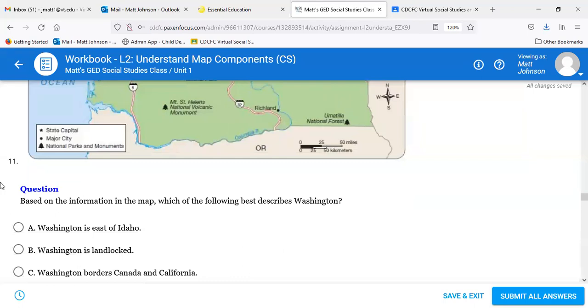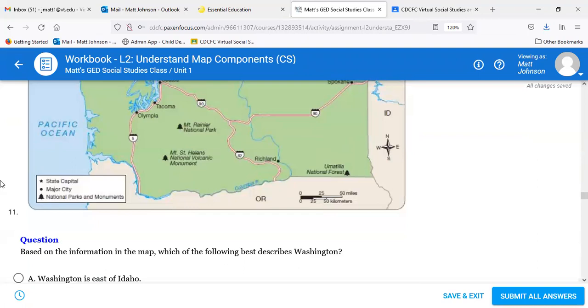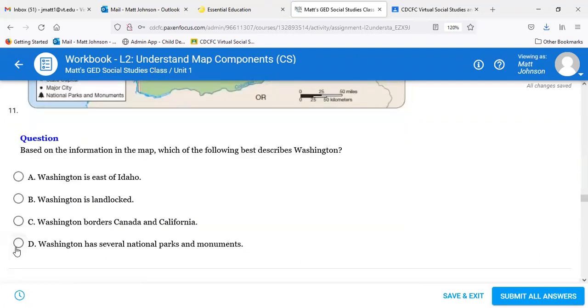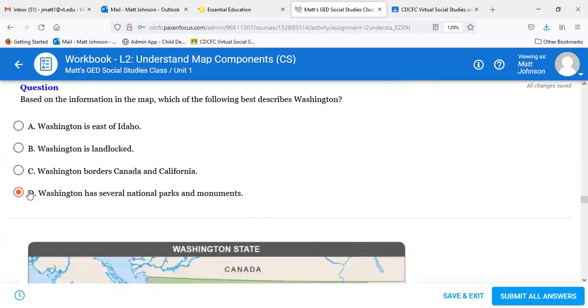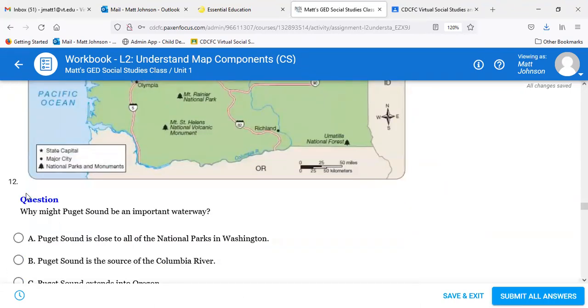Washington borders Canada, but it borders Oregon, not California. It's D, the only statement that's applicable here. Okay, so number 12, that's more of an inference.